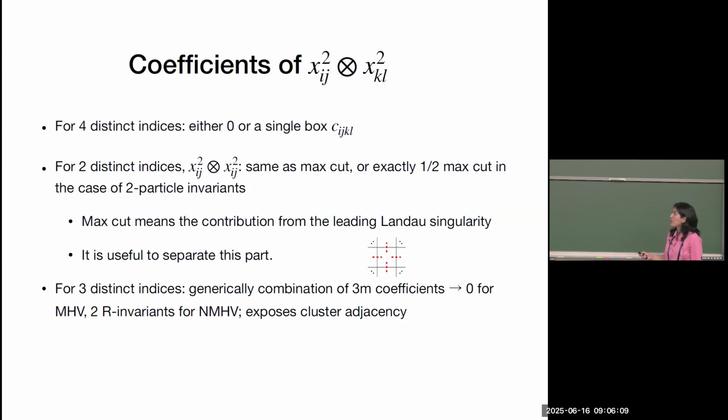At the other extreme, you could have just 2 indices, meaning a repeated letter. In that case, what you get for the coefficient is just what you get from the maximal cut part, or half of that in the case of a 2-particle invariant. What I mean by the maximal cut part is just a contribution from the leading Landau singularity.